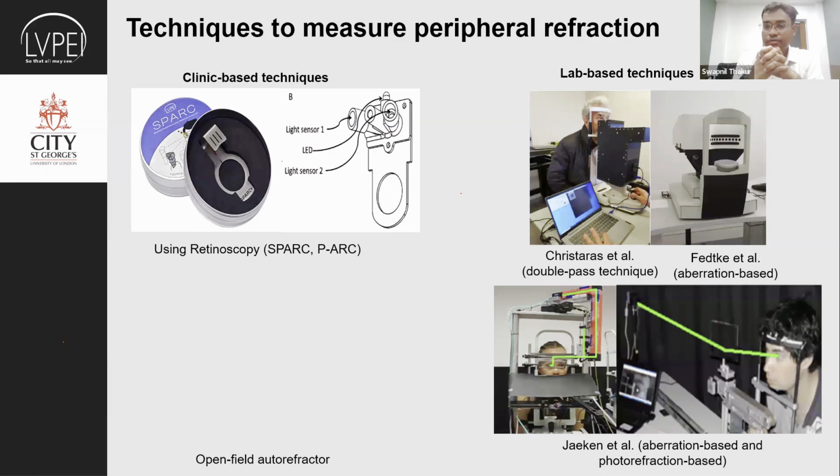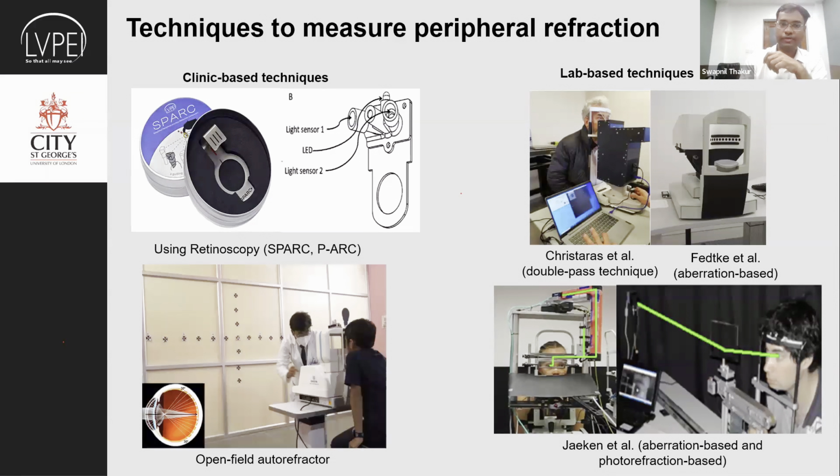Okay, so the next thing we want to know is, what are the different techniques to measure peripheral refraction? I have divided the techniques into two parts. The first is the clinic-based technique, where we do peripheral refraction using retinoscopy. The diagram displayed here is the SPARK, which is the non-electronic version, and the PARC.